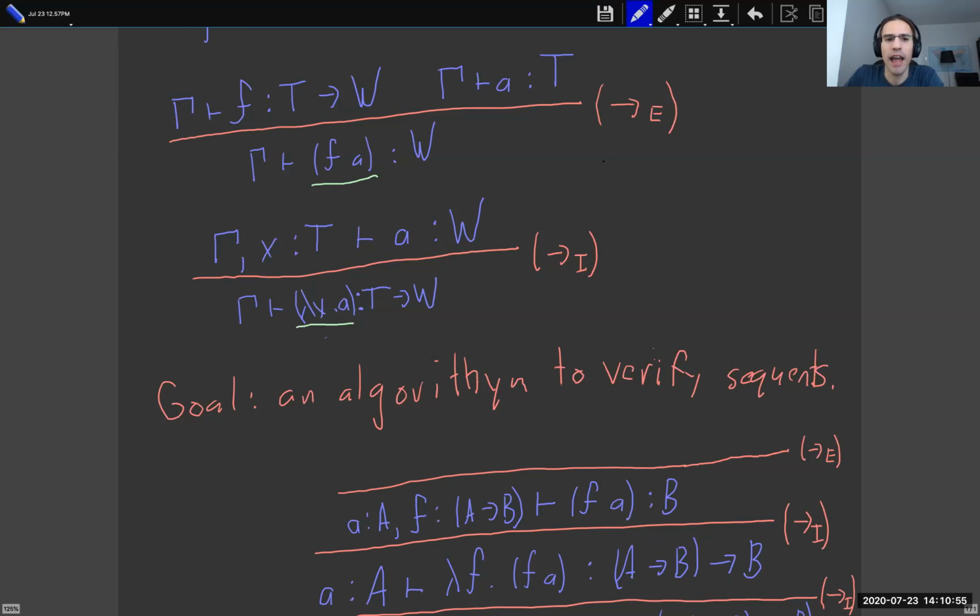And then, well, what has F been replaced with? It's still F. Yes. So the metavariable F got replaced with the variable F. Okay, and then the metavariable A got replaced with the variable A, and the metavariable W, which stands for some type or some logical formula, has been replaced with the logical formula B.